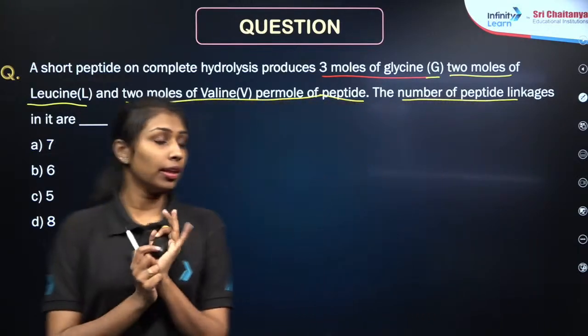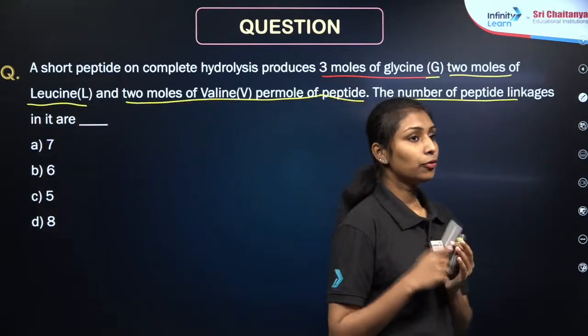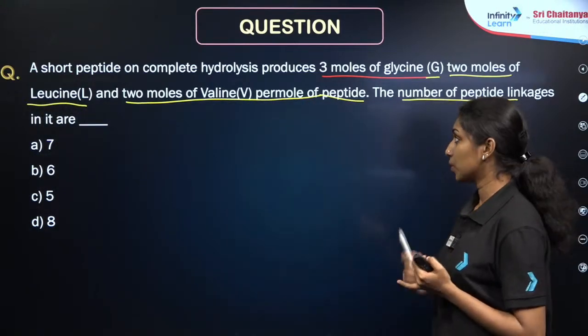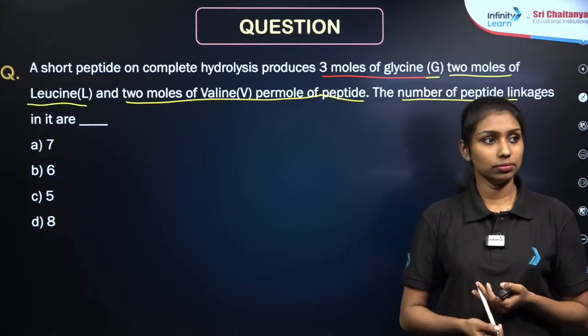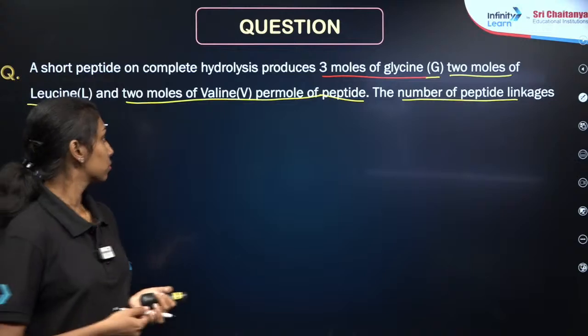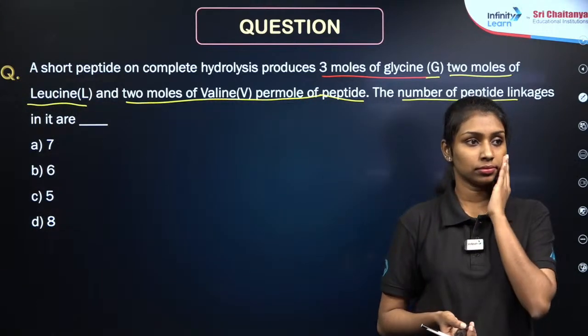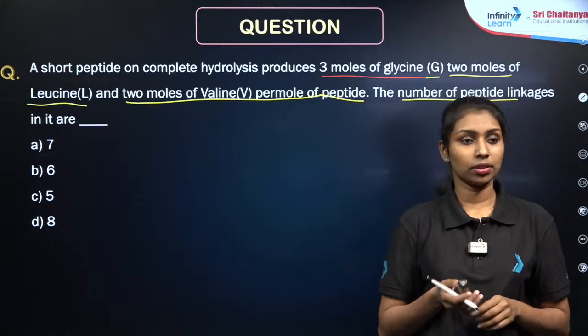So, you have to calculate the total number of amino acids present in this particular peptide, then find out the number of peptide linkages.